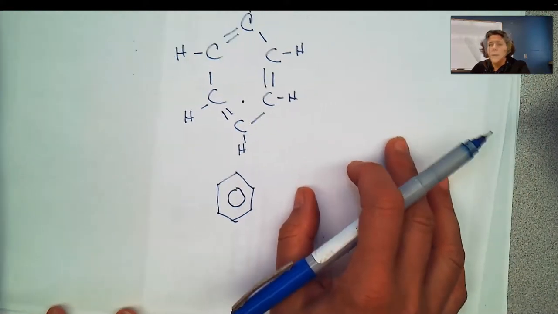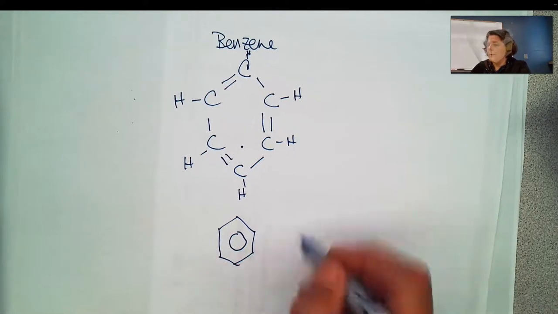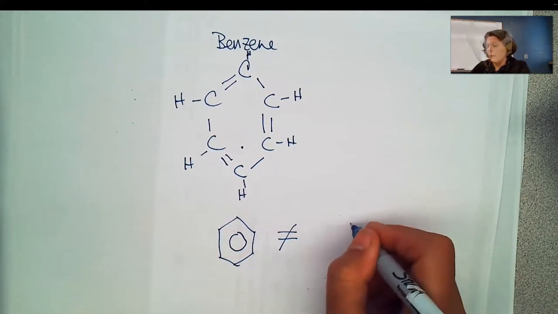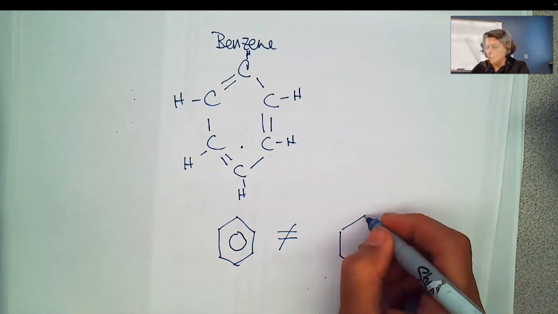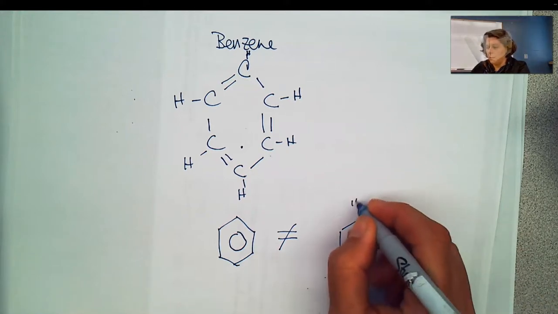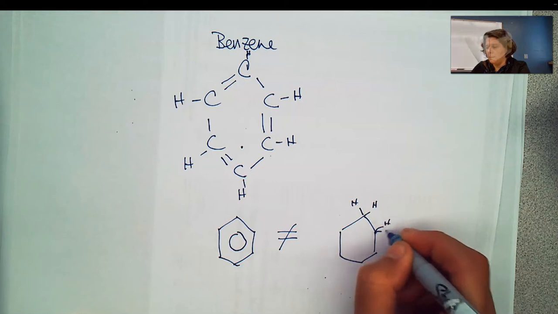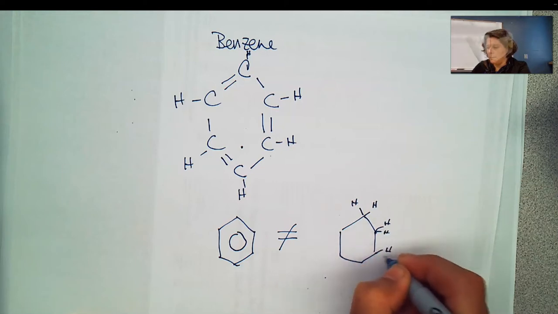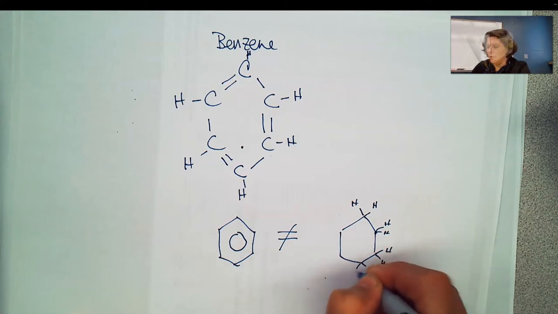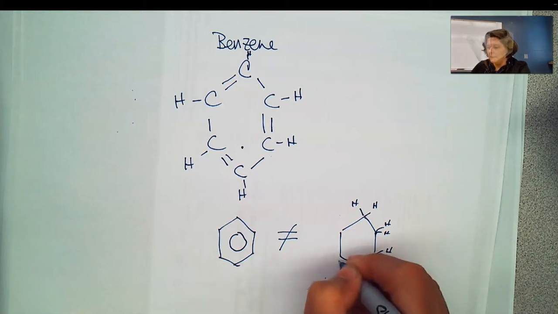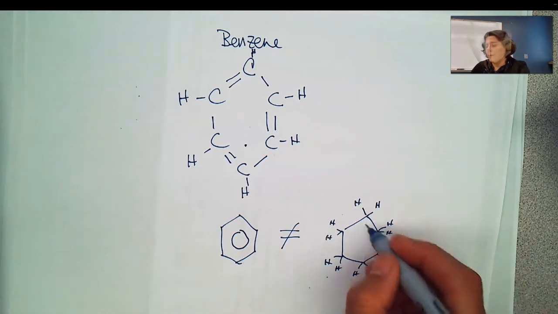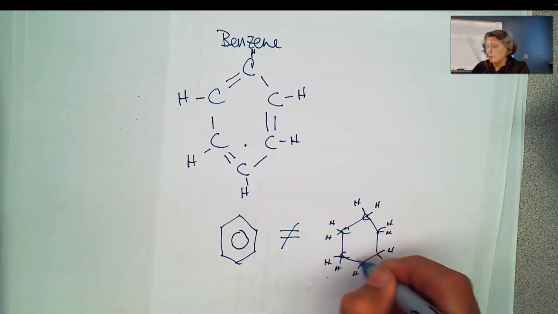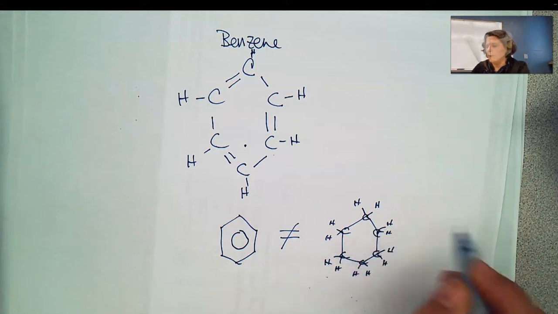Okay, so this is not the same as that, where we have 2 hydrogens on each one of these. I'm just drawing them out. Usually you don't even draw these little guys, but I'm doing it for demonstration purposes. So here's a carbon, here's a carbon, and so on, 6 carbons.